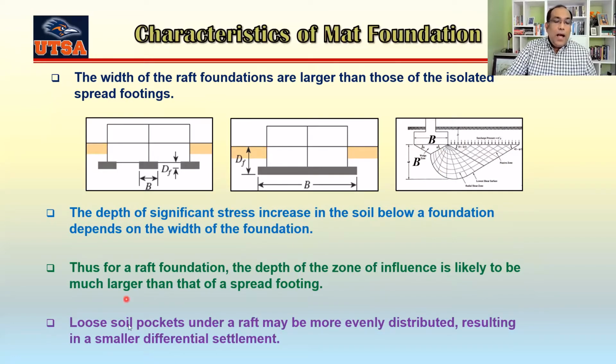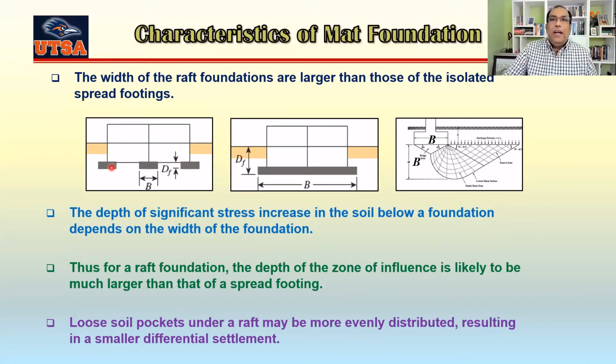And the other important factor is loose pockets. If you have loose pockets here, then there is a chance that this one will settle, not this one, and that could cause differential settlement.